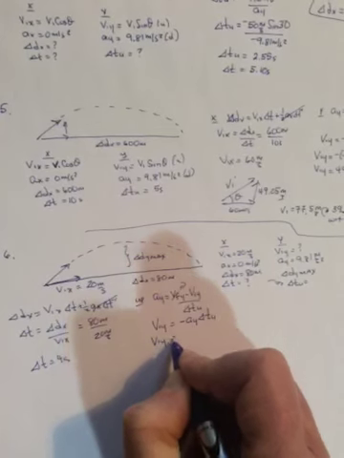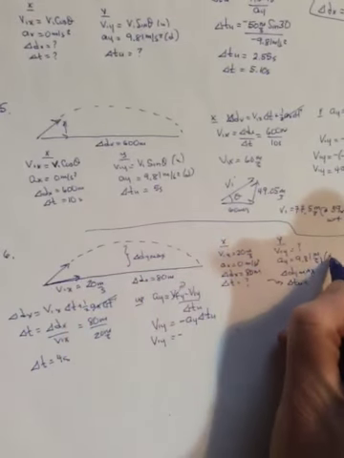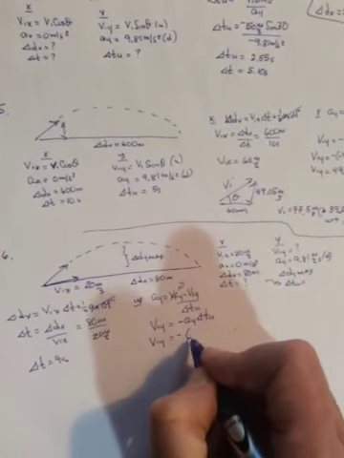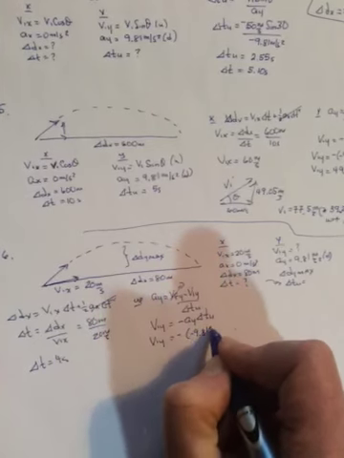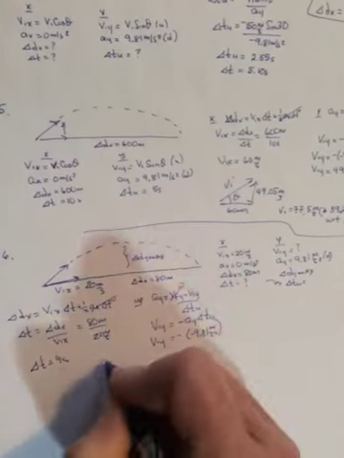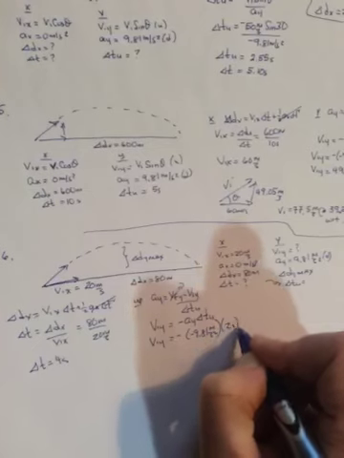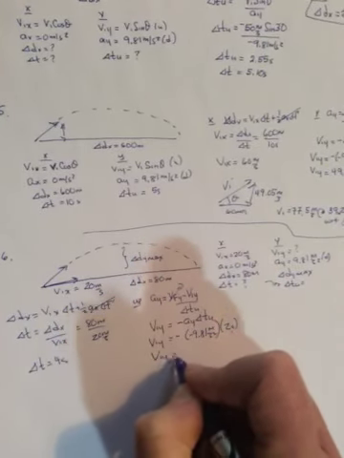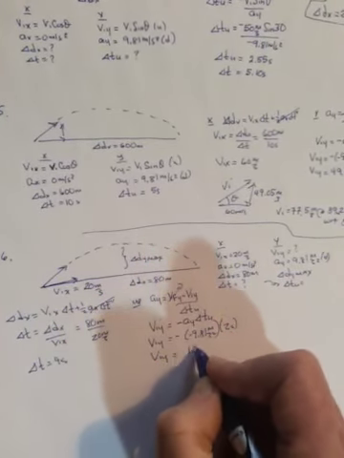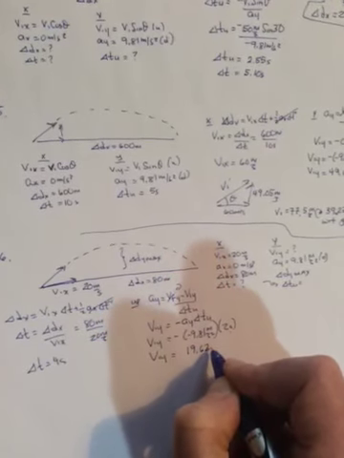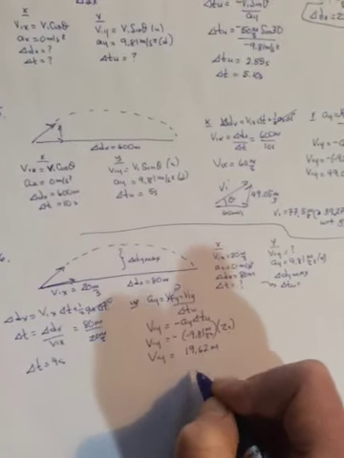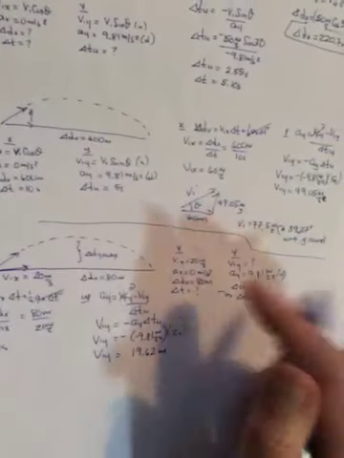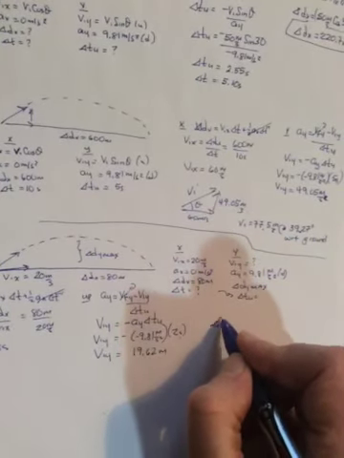So VIY is equal to negative, this was down, negative 9.81 meters per second squared, and our half time will be 2 seconds. So VIY will be equal to positive 19.62 meters per second.